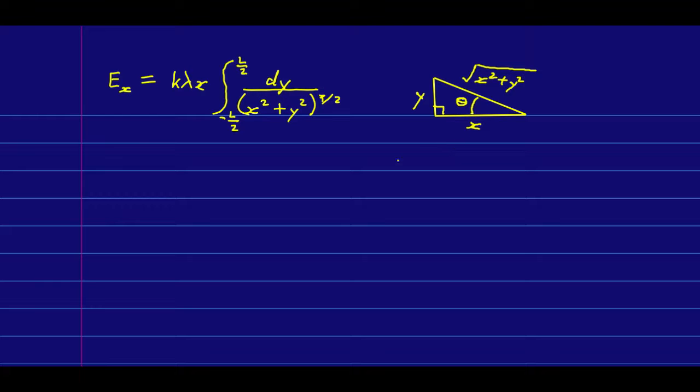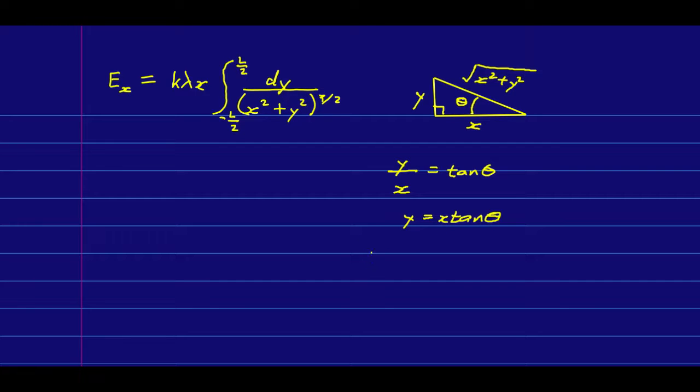And the reason I've defined that is that now y over x is tan theta. So y is x tan theta. And I'm going to transform this into an integral in terms of theta instead of an integral in terms of y, which means I want to express this expression in terms of theta as well.